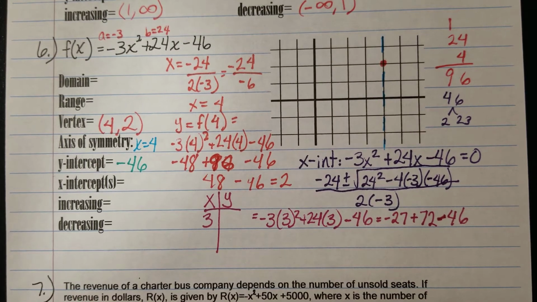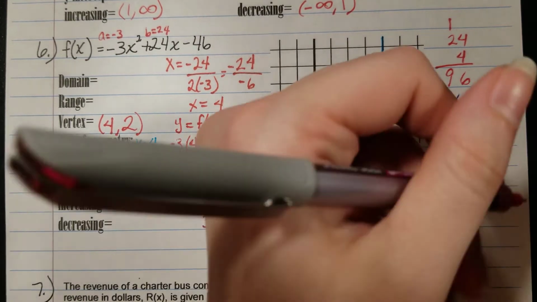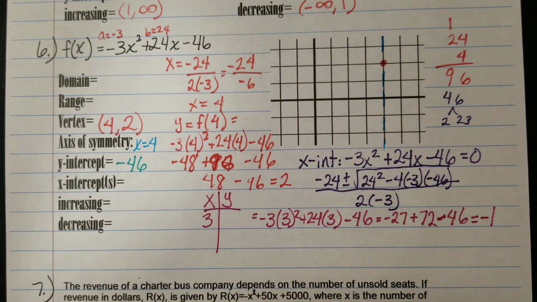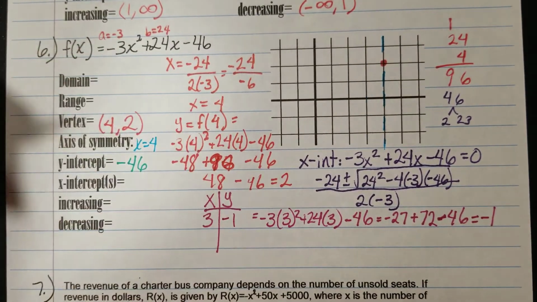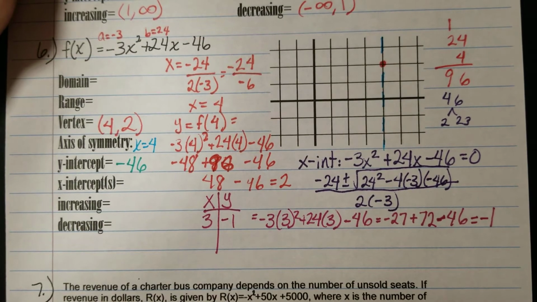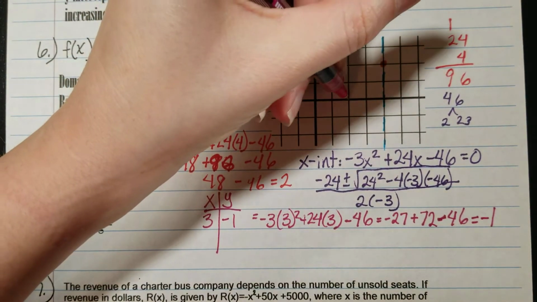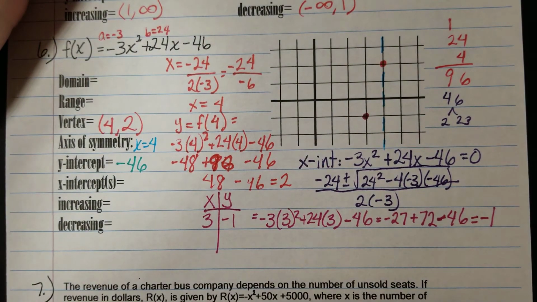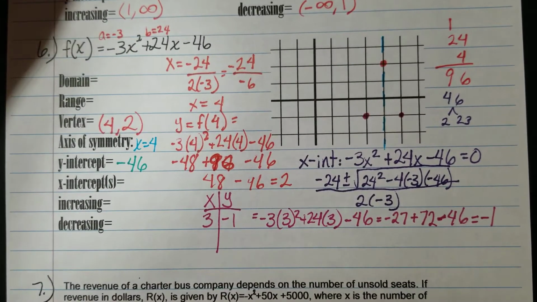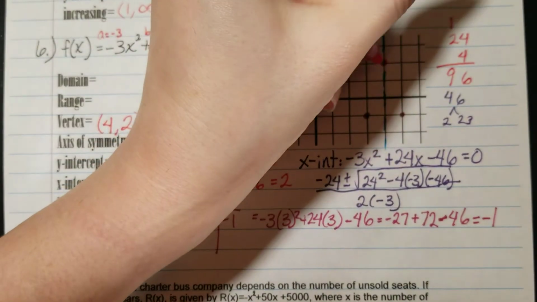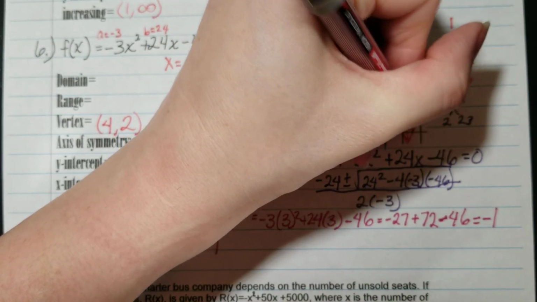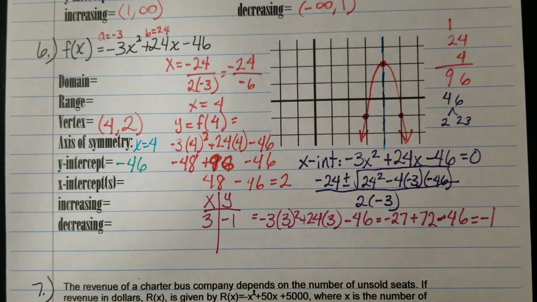I think that comes out to be negative 1. Yep. All right. Lovely. Okay. Great. Now that we have that, we can just reflect it, and there we have it. Yay.